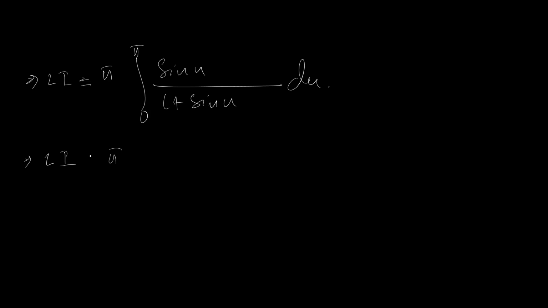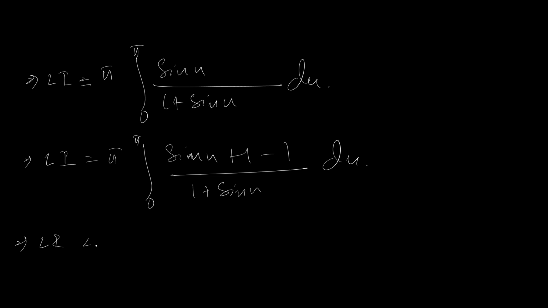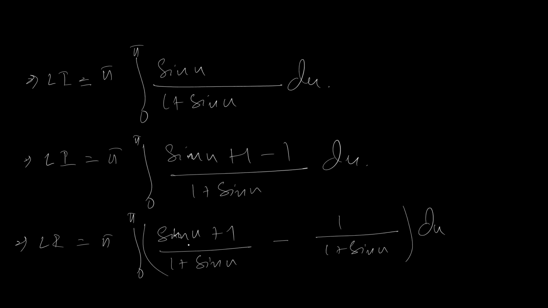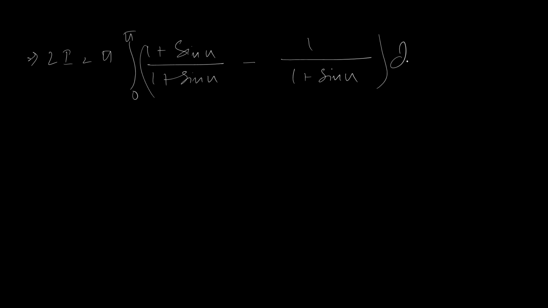So twice I is equal to pi, and here I will write sin x as sin x plus 1 minus 1 over 1 plus sin x dx. Splitting the numerator, twice I is pi times the integral from 0 to pi of [(sin x plus 1) by (1 plus sin x) minus 1 by (1 plus sin x)] dx. That is pi times the integral of [1 minus 1 by 1 plus sin x] dx.